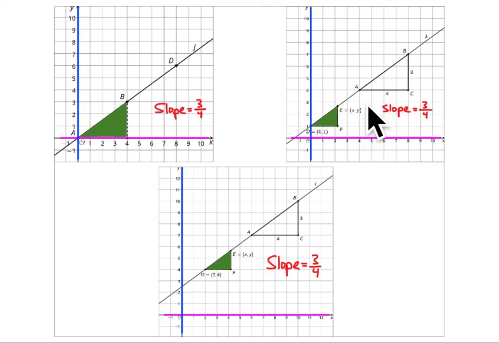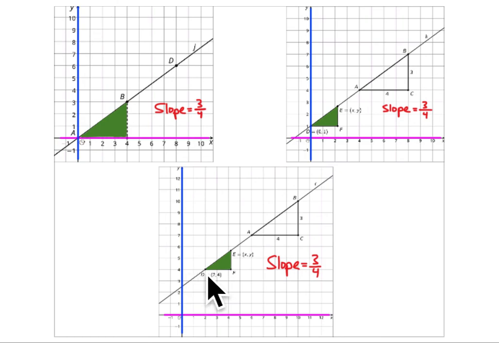This one you have to subtract 1 unit from y. You don't have to subtract anything from x. So this is y minus 1 over x. That ratio is equal to 3/4. And the last one, you have to subtract 2 units from the x value, 4 units from the y value. So this is the ratio of y minus 4 to x minus 2.